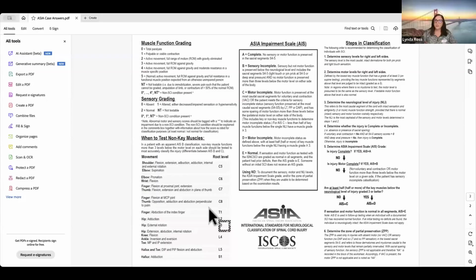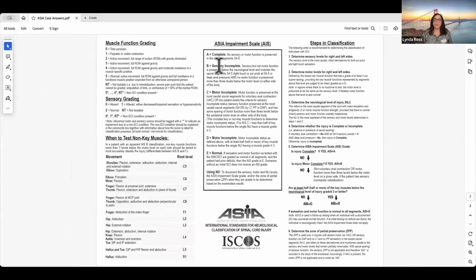This is really key. So sensory incomplete is sensory but not motor function being preserved below. Let me get out my pen. Oh, here we go, right here. Very, very key to understand this one. Sensory but not motor function is preserved below the neurologic level.